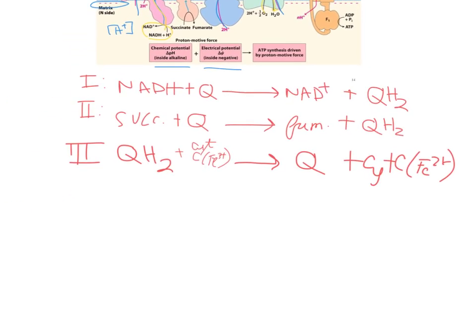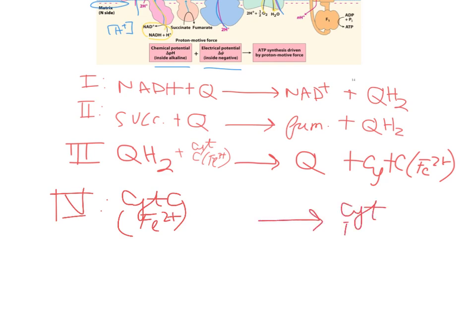Okay, and then at complex 4, cytochrome C that has the electron, so it's 2+, is going to drop off electrons, so it becomes oxidized, to an oxygen, which will be reduced to water.